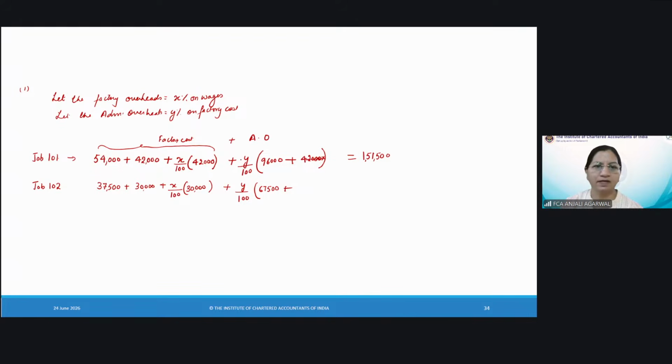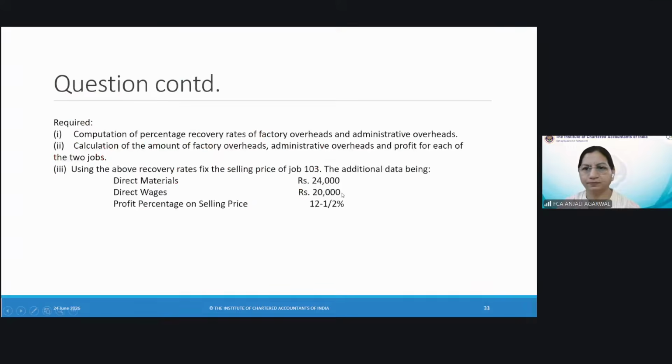By solving this I get 420x, and here I'll get 30,000 divided by 100, 300x, which is equal to 106,875.